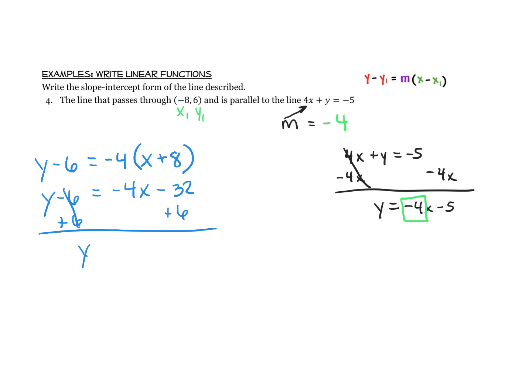We get y equals negative 4x minus 26. And that's our equation. And notice it has the same slope as the original one, but a different y-intercept.